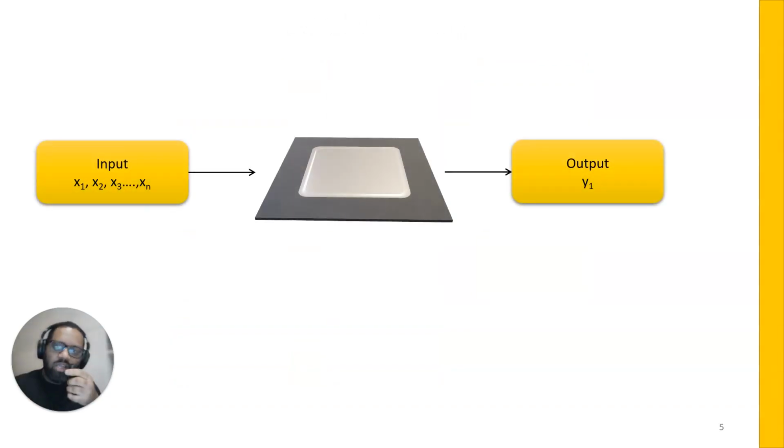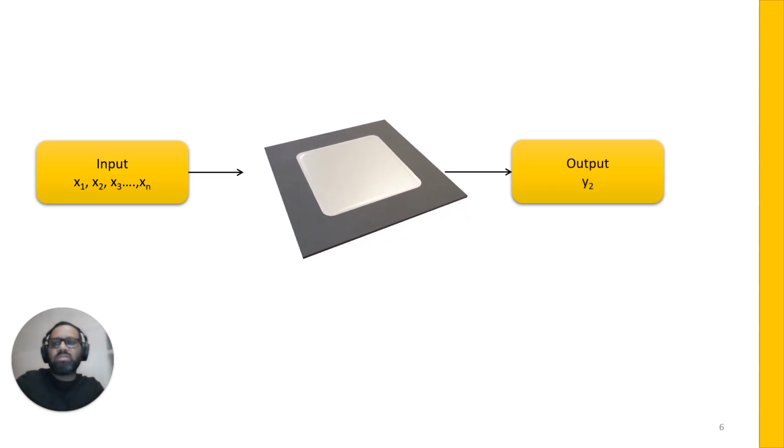To summarize, first you will give input from X1 till Xn factors, and then you will get an output of Y1. Then again you will give that same input back to the processor, and it will give you the output that is Y2.